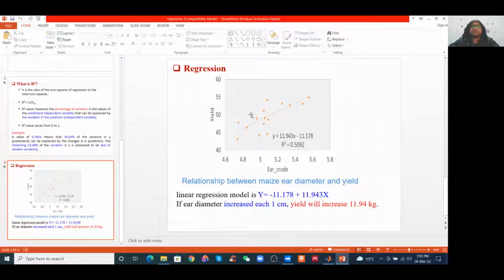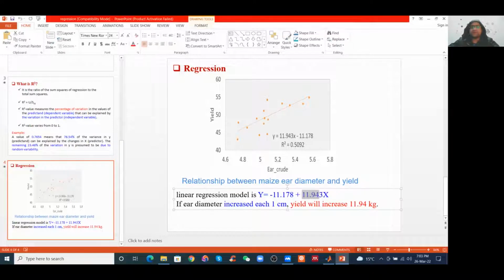This is a regression between mesh air diameter and yield. Air diameter is in centimeters, and yield is in kg. So the linear regression model is Y equal to this equation, right?